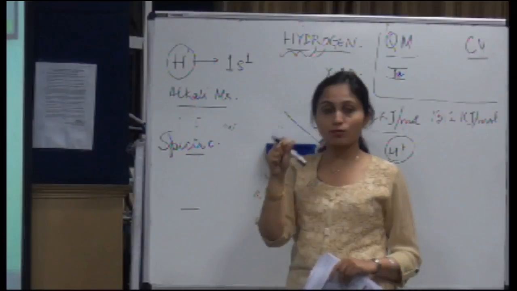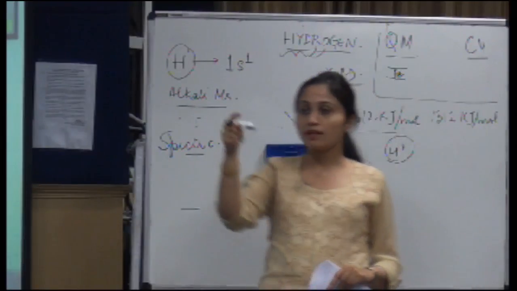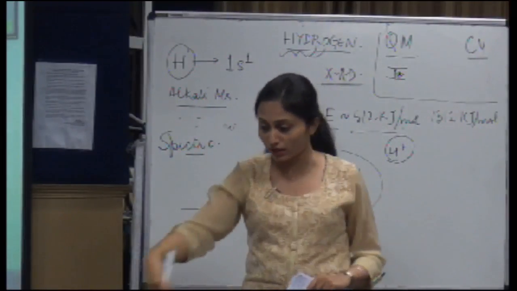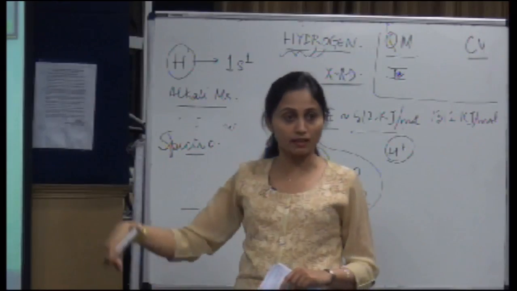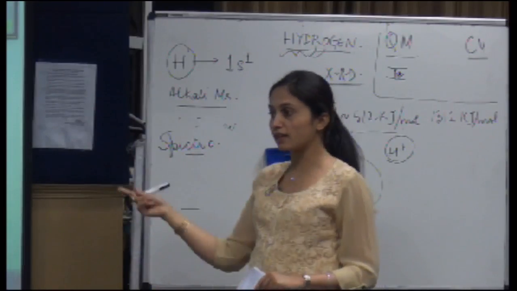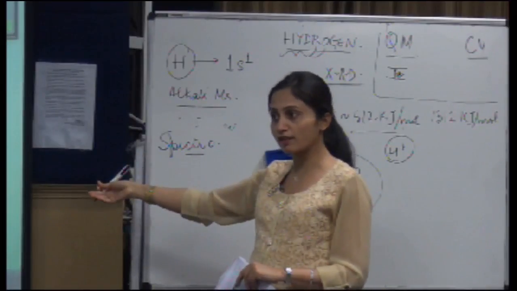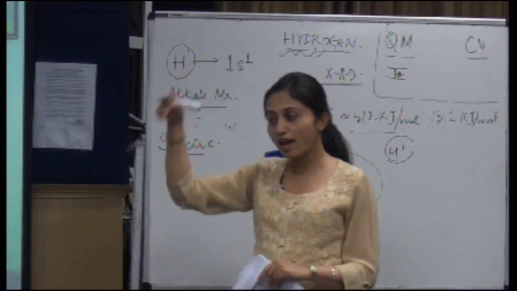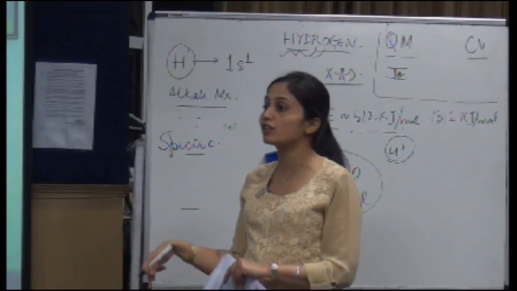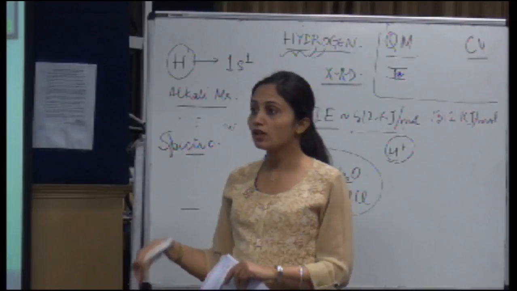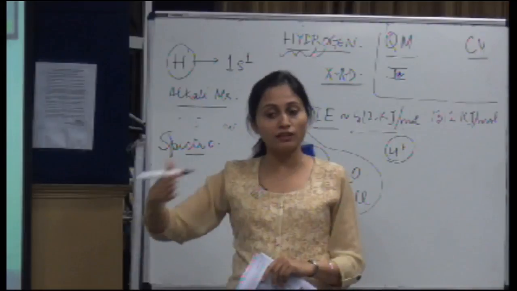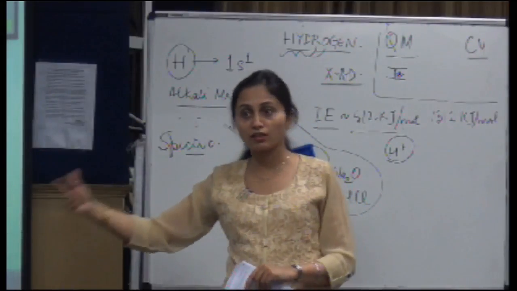It is just as good as the example I took: if you dig a deep pit here and you jump from the other side, with less energy you fall in the pit, and there is another pit on the other side. So you need that much energy to safely reach the other side. Got the point? So quantum mechanics talks about discrete energy levels.